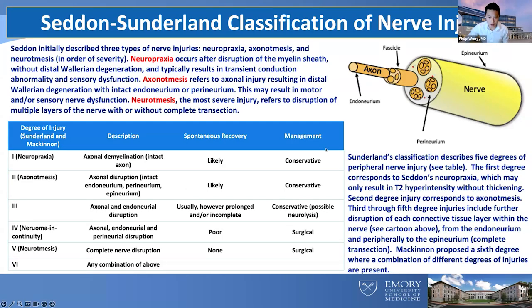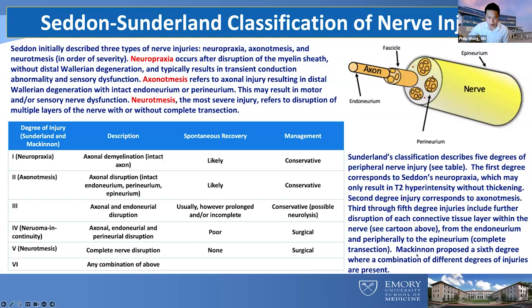And then as you get into the other layers of the connective tissue of the nerve, and here's a cartoon of how the nerves are structured morphologically, as you get to more endoneurial or perineurial disruption, then you get a higher grade of nerve injury, which goes into grades 3, 4, and 5, with 5 being the equivalent of neurotmesis, or complete nerve disruption. Grade 4 is neuroma in continuity.